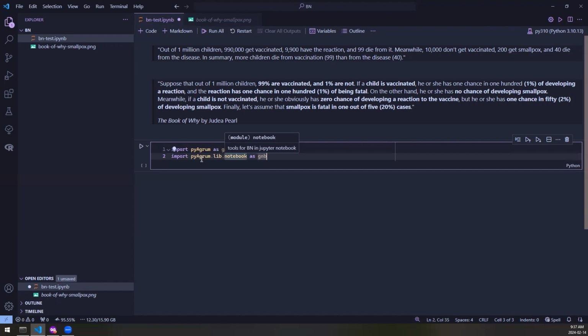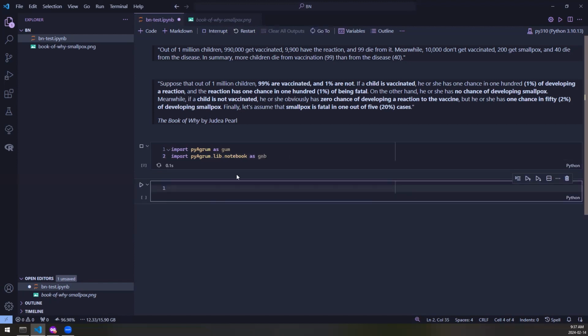We only need those two imports to implement that Bayesian network. I just pasted them and it's running. If everything is working as expected on your computer, you're going to see this green over here. That means these two lines of code ran as expected.